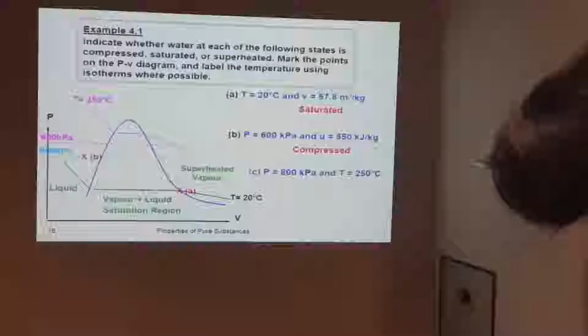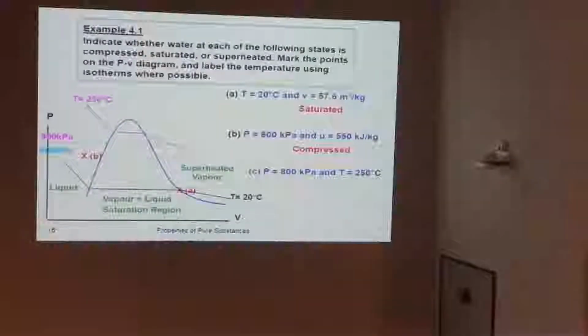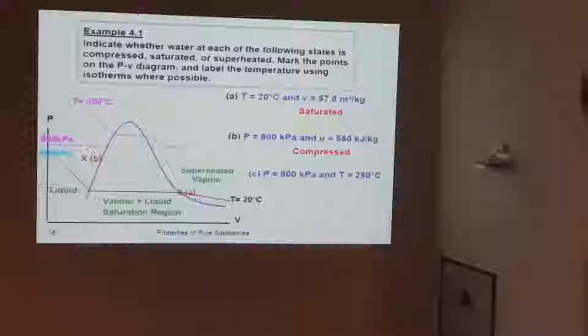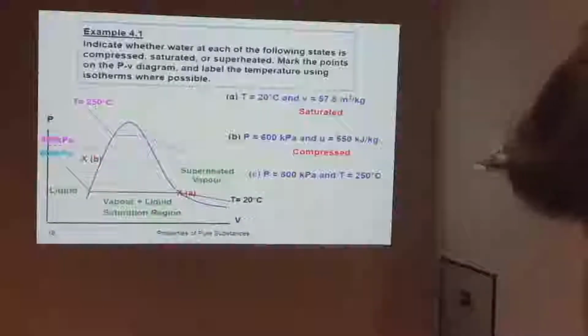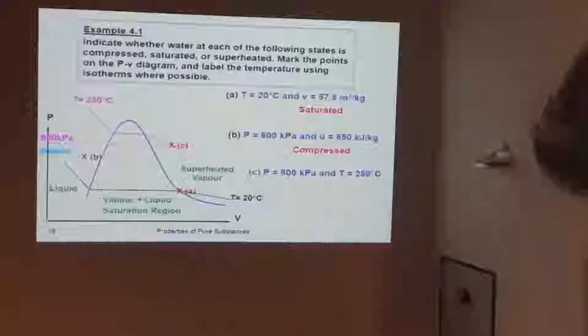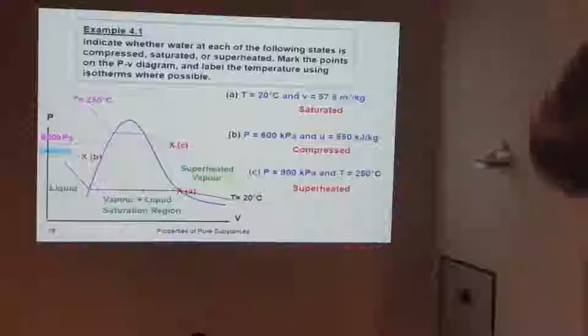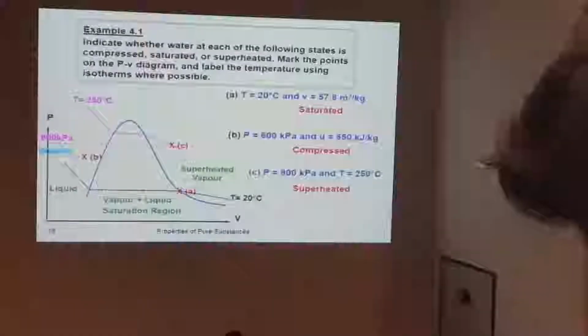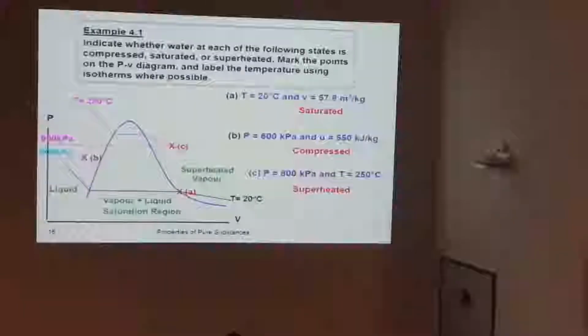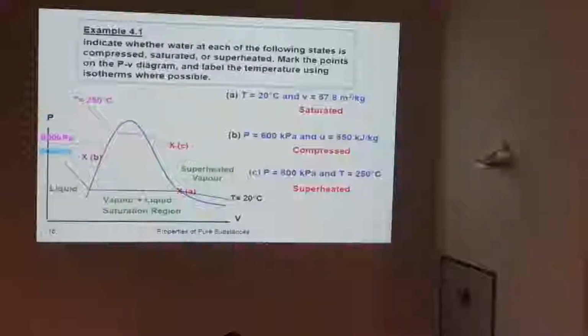So now your actual temperature is 250. Remember 250 should be higher, right? So you draw that line to cross with your pressure. This is your point. So this will be your point C. The point C will be superheated. Now roughly you understand how to present the points on the diagram.